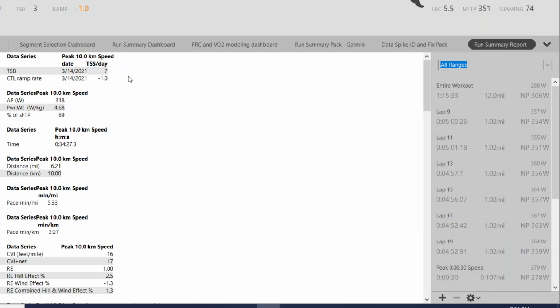The reason I have those there is if I'm looking at a workout, and let's say the workout was a fail, and I'm seeing a very negative TSB or ramp rate, it's right there for me to look at as I'm looking at the workout. It draws that information in from the training load metrics. It allows me to know where the athlete was on that given day with regard to those two training load metrics.